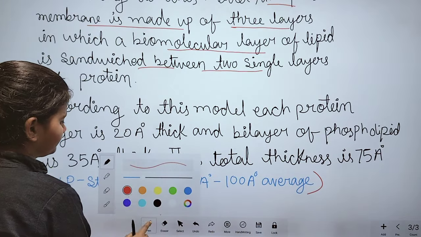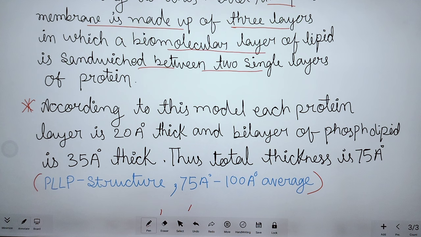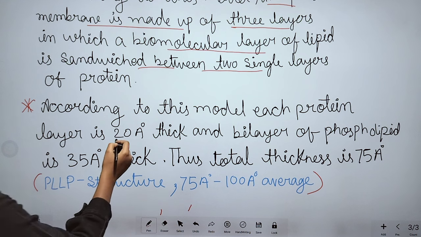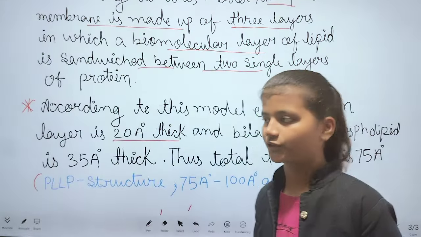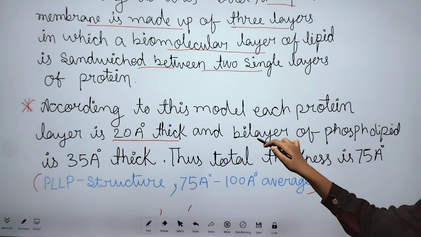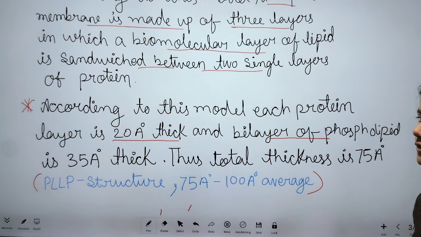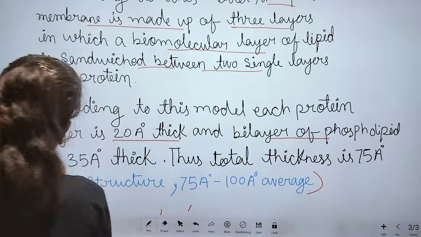According to this model, each protein layer is 20 angstrom thick, and the bilayer of phospholipid is 35 angstrom thick.